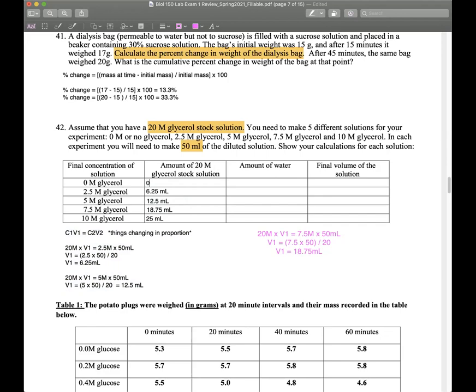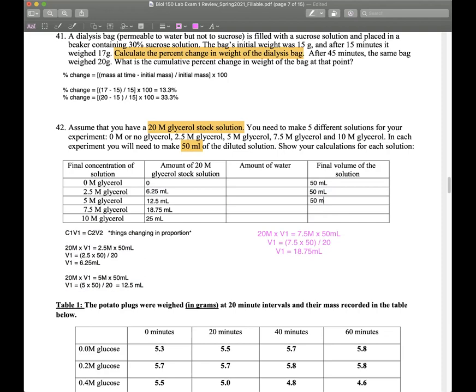Nothing. So we don't want any glycerol in this first solution, so we're not going to put any amount of our stock into that dilution. And now we know the final volume of each of these solutions is going to be 50 mils. This is just 50 mils all down the line.